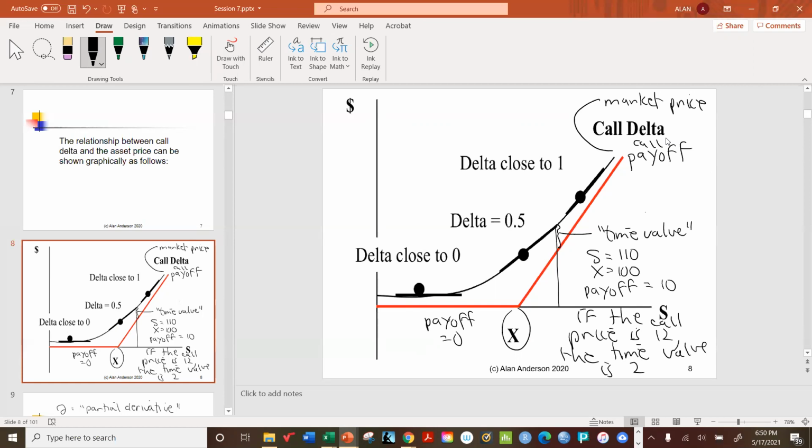In other words, those last $2 are coming from the idea that the option still has some potential to move more deeply into the money. So the deltas are taken from this market price curve. The deltas are actually the slopes of the market price curve.